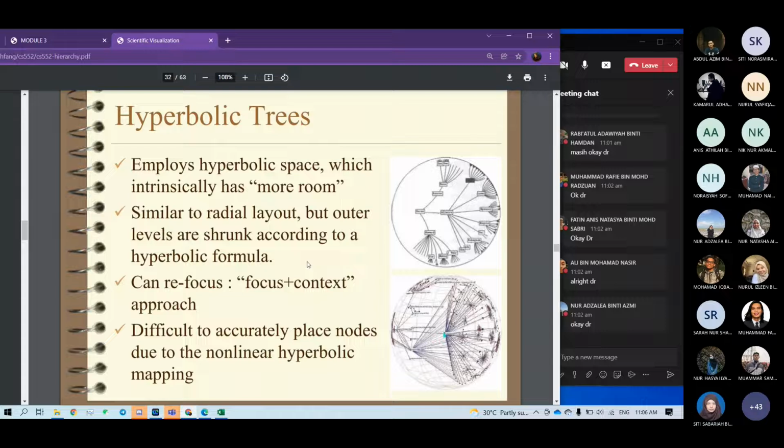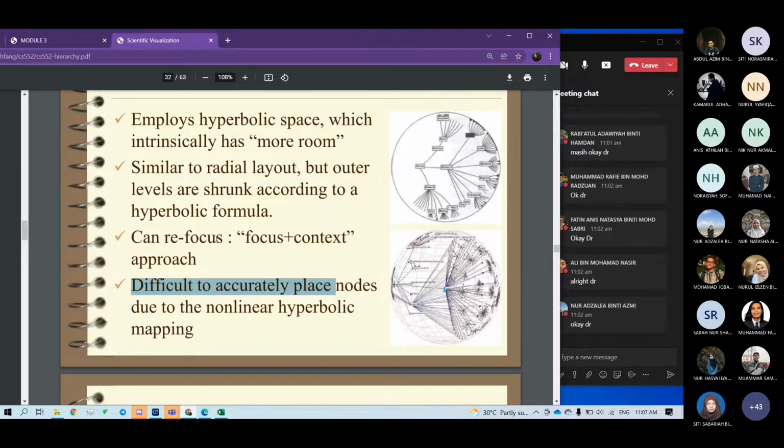Okay. Difficult to accurately place nodes due to the non-linear hyperbolic mapping. Yes. These are all the issues. When they say, you see, difficult to accurately place. What you do is, you do your PhD, you do master by research, you make it accurate. That's what they do.